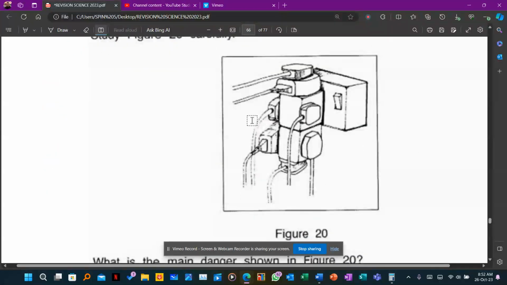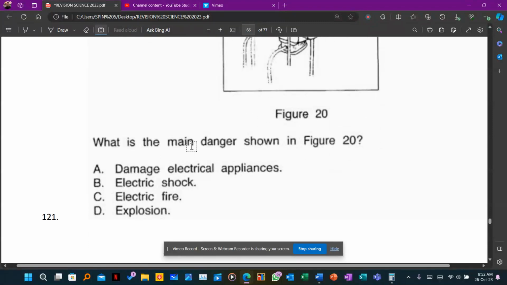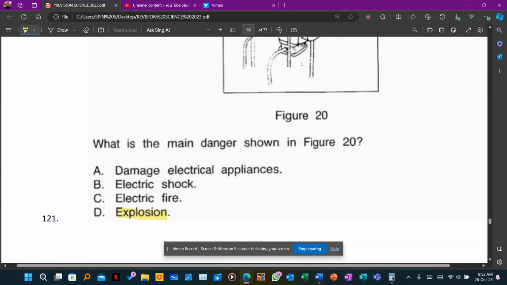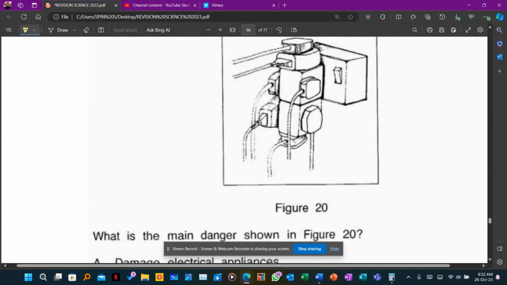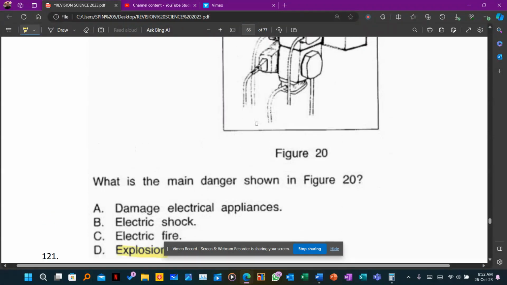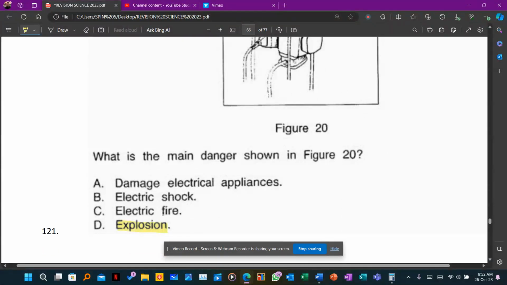Sometimes you plug in like this. What is the danger? This one will cause an explosion. That one will have too much current flow and this thing will explode. What about electric shock, sir? Electric shock is when you touch it directly with a wet hand or when there's no earth wire. What about electric fire, sir?